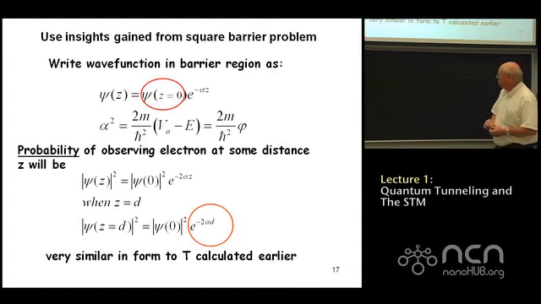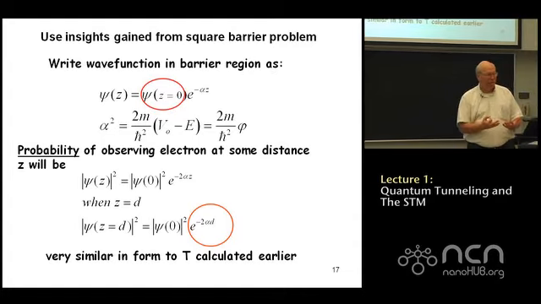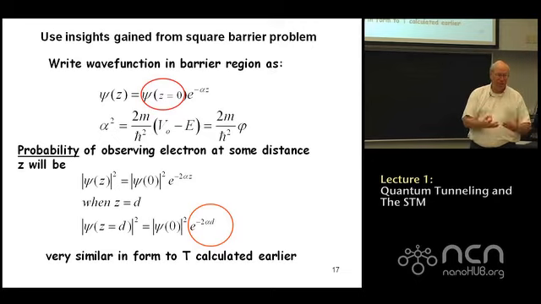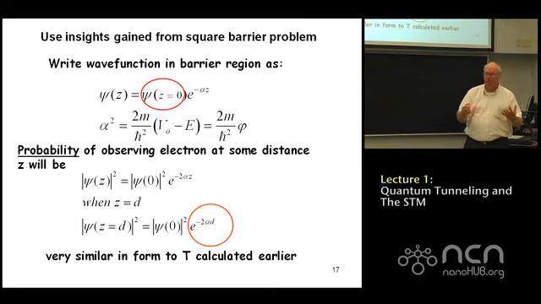The important thing is that you have to calculate wave functions that satisfy Schrödinger's equation in the presence of that more complicated potential. The solutions to that Schrödinger's equation will have a certain value of psi at z equal to 0.